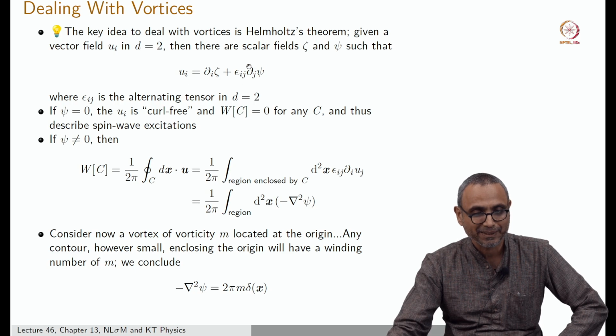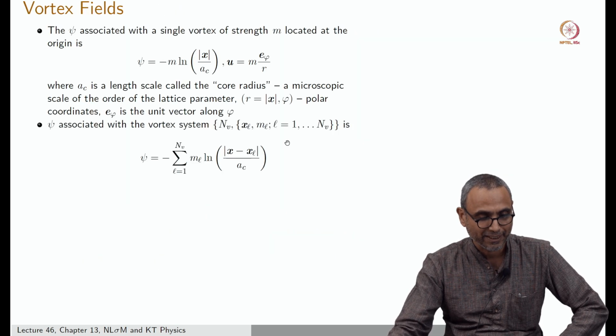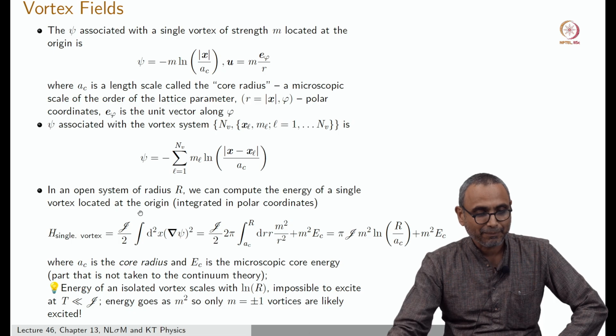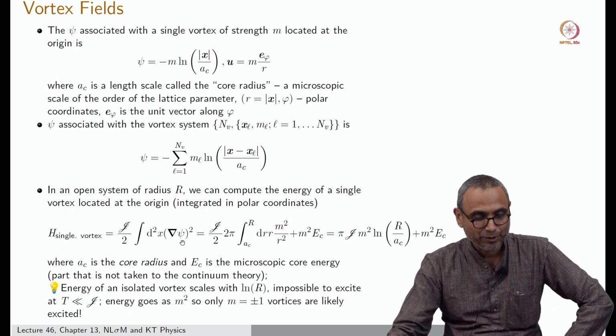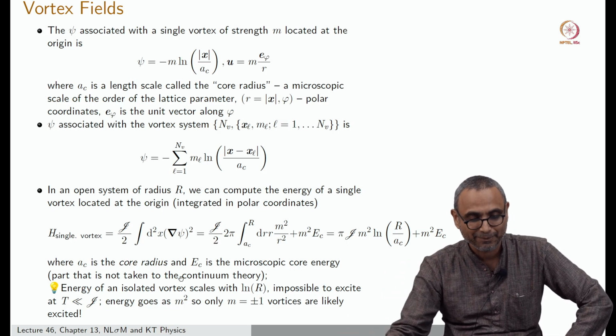So u square will be simply gradient psi square, that's what I'm using here, and I'm computing the energy. Now when I compute the energy, you saw that this will give you velocities which go as 1 over r, so that's why I'm getting 1 over r square here. There is the m square, r dr is simply the area element, and 2 pi is the angular integral, and you will end up getting this.